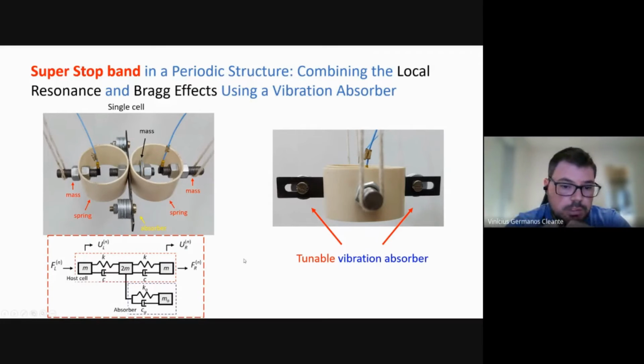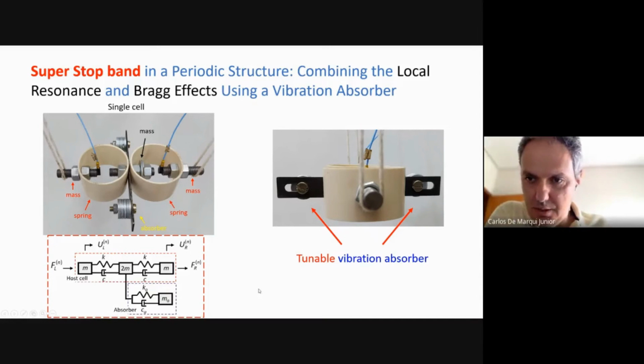So we need to tune the vibration absorber to correspond to this natural frequency, so that we can make the vibration absorber behave similar to the right hand mass.